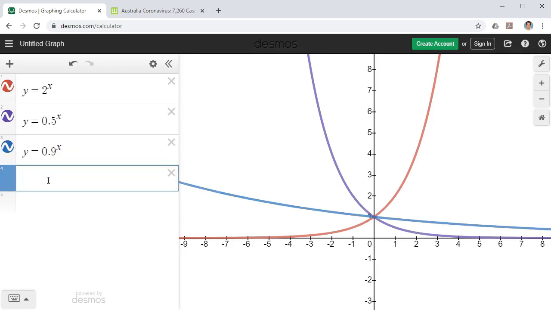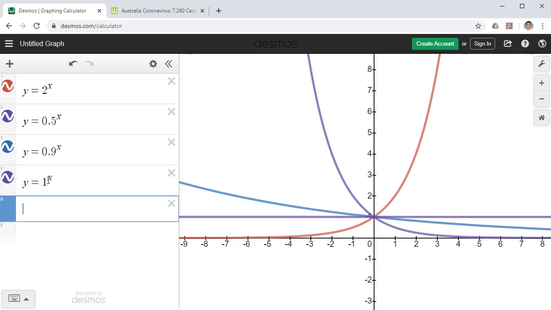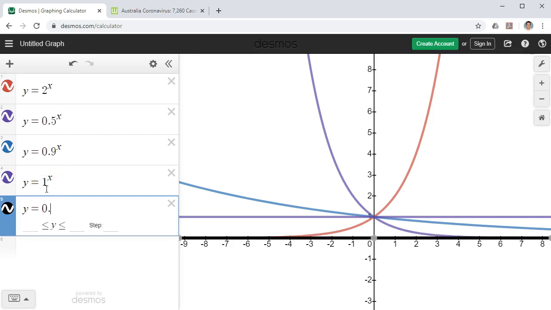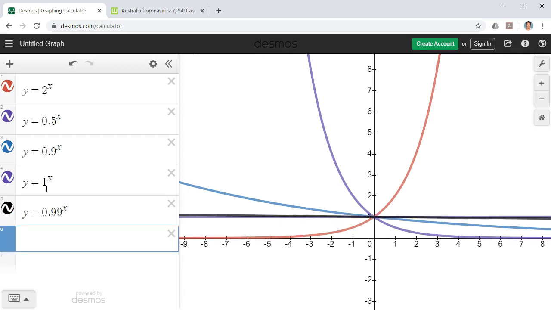Why is that? Well, you might remember that if it was 1 to the power of x, it would be completely flat, because 1 to the power of x makes a perfect straight line. So the closer I get to 1, the flatter you'll find your curve, right? So if I do y equals, let's say, 0.99 to the power of x, it starts to look really flat.